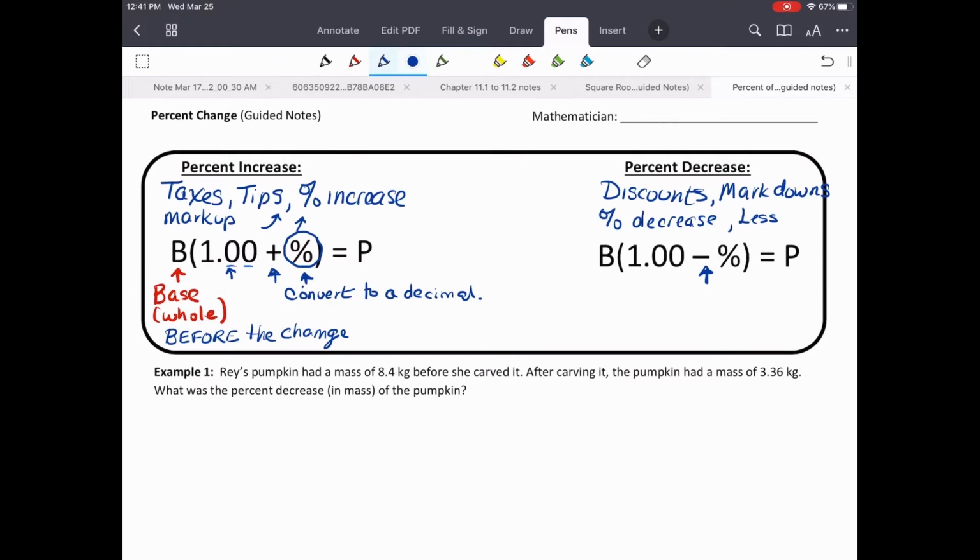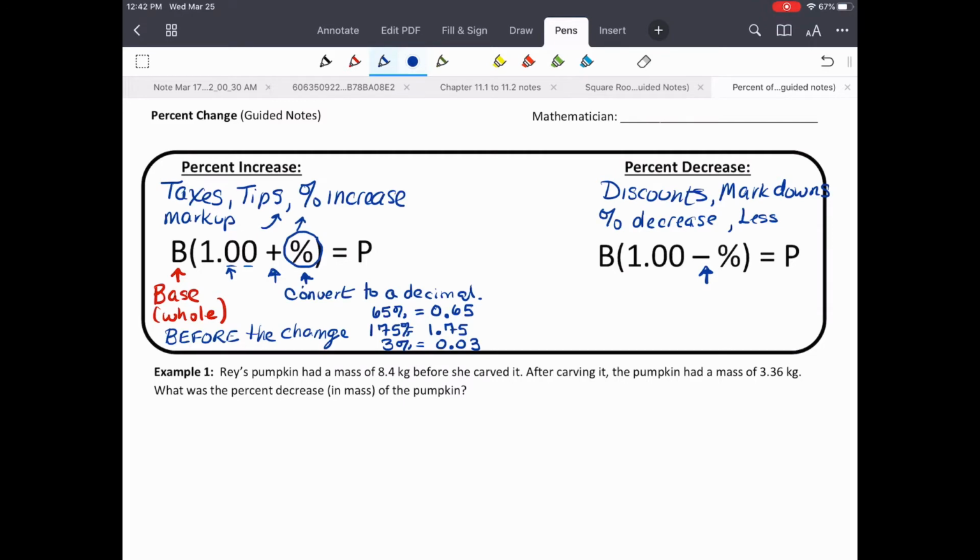So for instance, if it's 65%, you're going to write that as 0.65. If it's 175%, you're going to write that as 1.75. If it's 3%, I forgot the percent sign on that other number, if it's 3%, then it's going to be 0.03. Those are good things to remember.